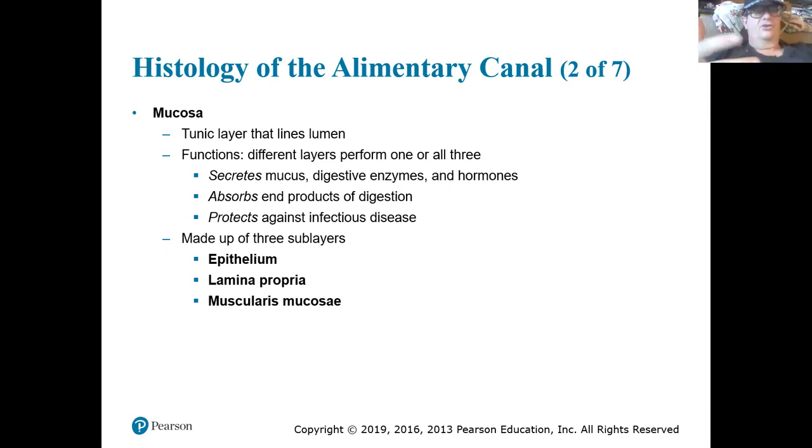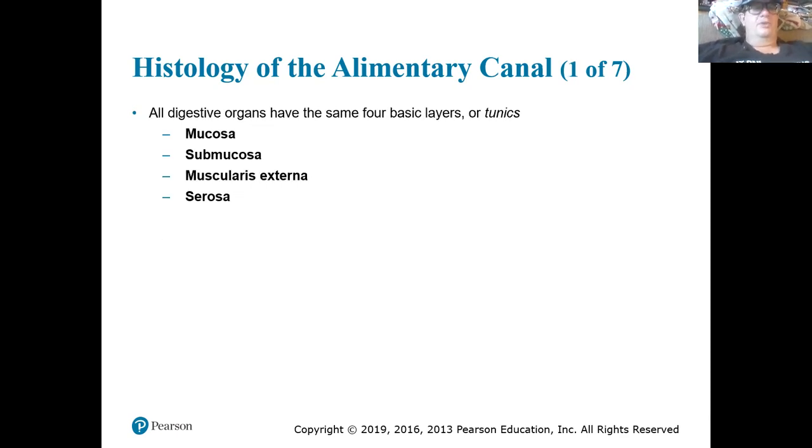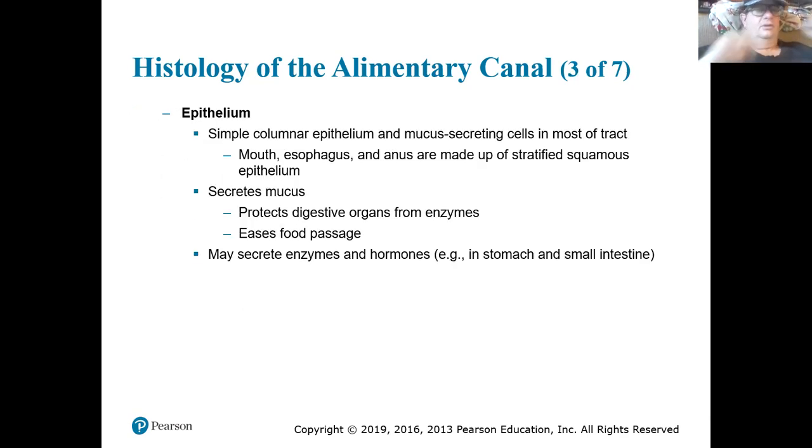You know that because it's called muscularis mucosa, and it has small amounts of muscle. So we're about to go through these three layers of the mucosa, remembering that the mucosa is just one of the tunics. All right. The epithelium, simple columnar epithelium and mucus creating cells in most of the GI tract.